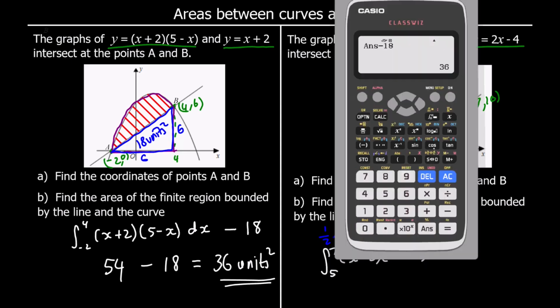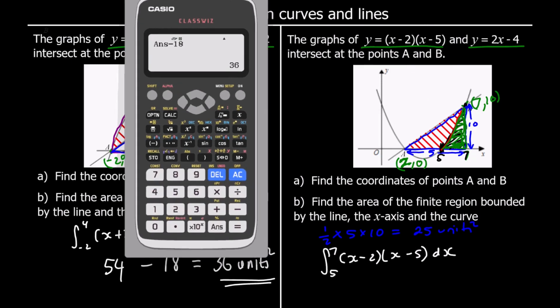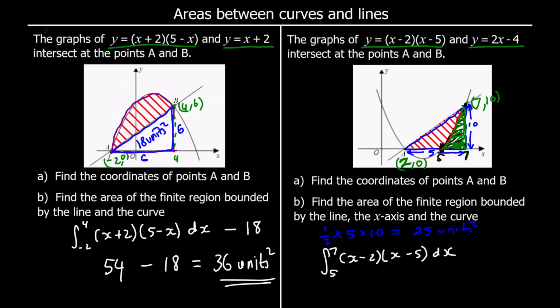So let's use the calculator again. So we have x minus 2 times x minus 5 between 5 and 7. So that's 26 over 3. So 26 over 3 units squared.